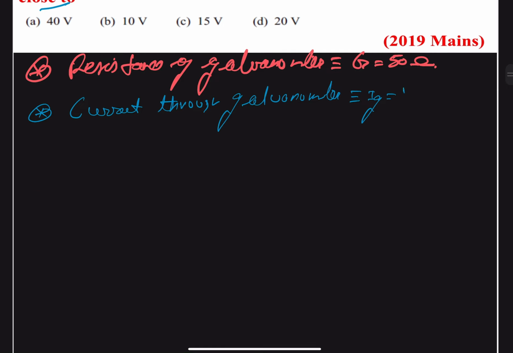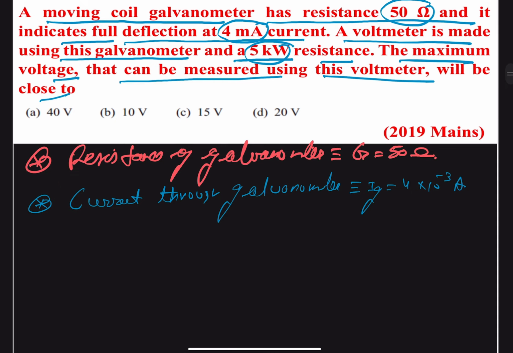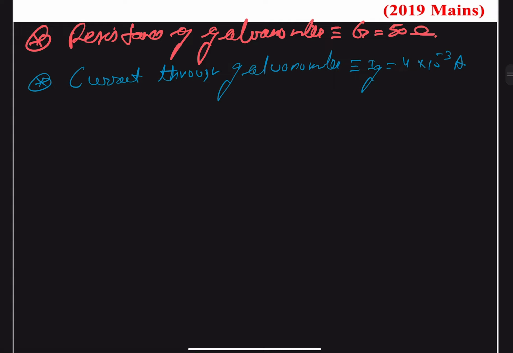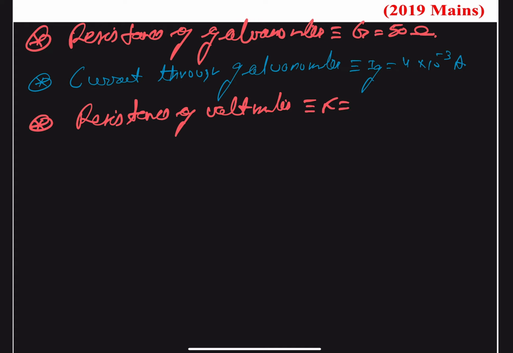So this is 4 into 10 to the power minus 3 amperes. And the resistance of the voltmeter, it has to be ohms, not watt, is given as R, that is 5 kilo ohm. So this is about 5000 ohms.